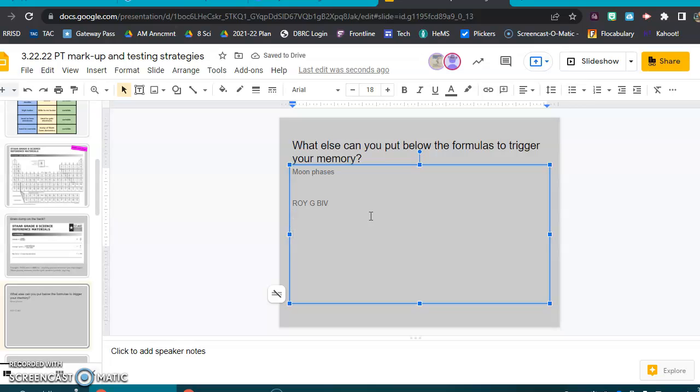Some people said seasons drawing, like where the tilts, Earth's tilts. I had some people draw a water cycle. So all sorts of things. You could draw a basic food chain. Anything that makes you comfortable, and you can draw it on the back of this page.